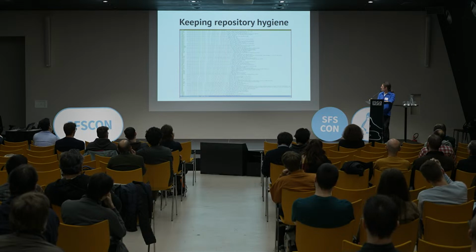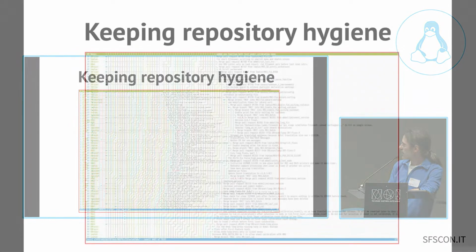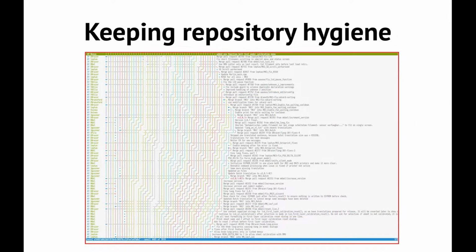So this is actually from a popular project. It's the Prusa firmware that runs on the 3D printers. And I took this screenshot, I think it was from 3 years ago, or something like this, and it was actually the state of the repository as seen through tig, which is one of the utilities you can use to show the repository status. And you can see at the same time how many branches have been worked on at the same time.